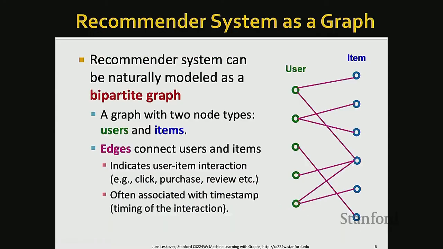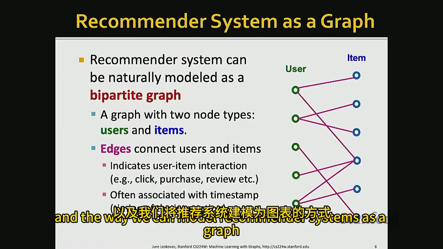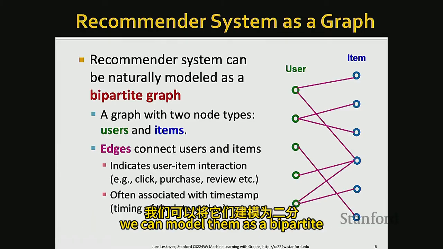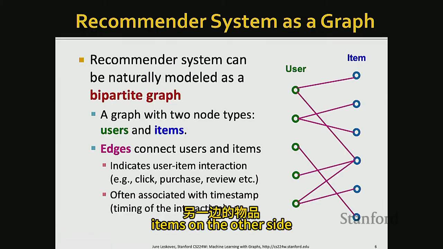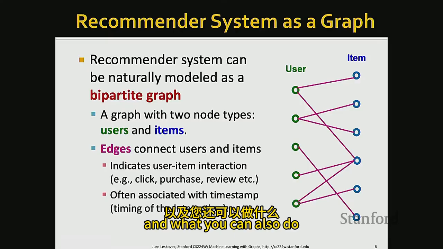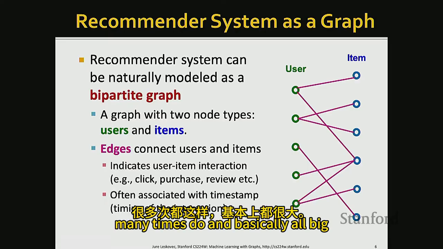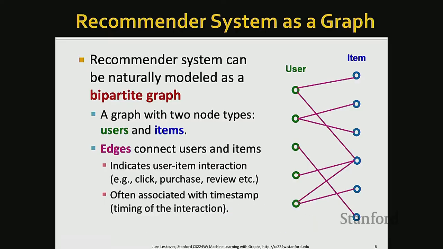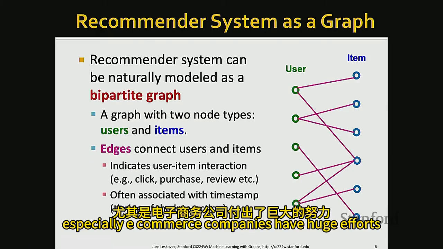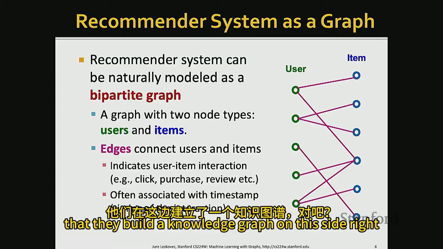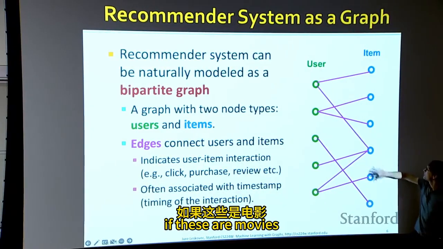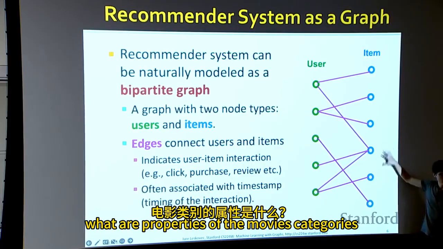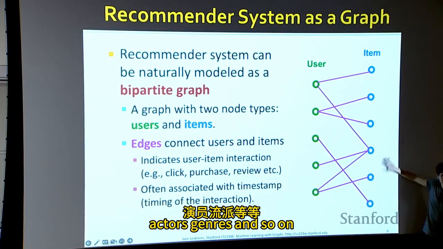Okay? And we can model recommender systems as a bipartite graph, where we have users on one side and items on the other side. What you can also do, and basically all big companies, especially e-commerce companies, have huge efforts to do this, is build a knowledge graph on the item side. You can think about how the knowledge graph can extend. If these are movies, what are the properties of the movies: categories, actors, genres, and so on.